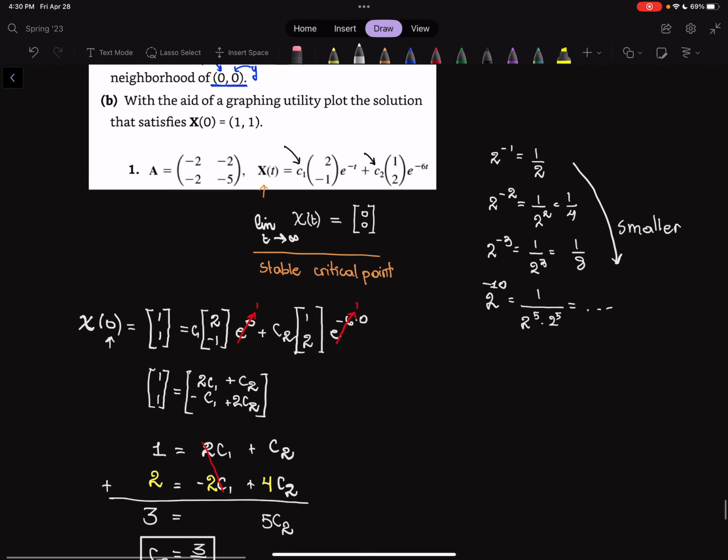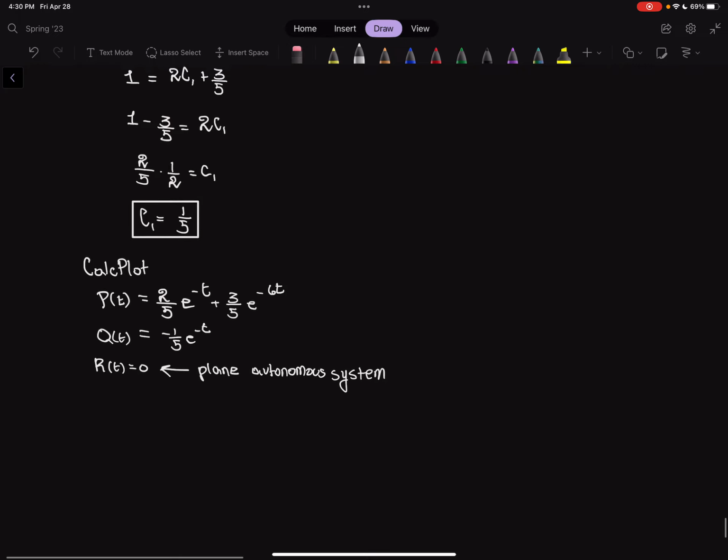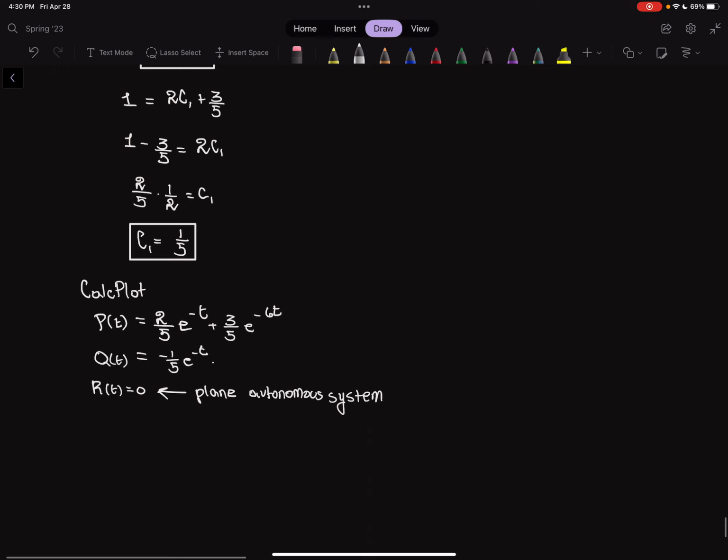And then we have C2 times 2 e to the negative 6t. C2 is 3/5, so we're going to have 3/5 times 2, that's 6/5 e to the negative 6t.